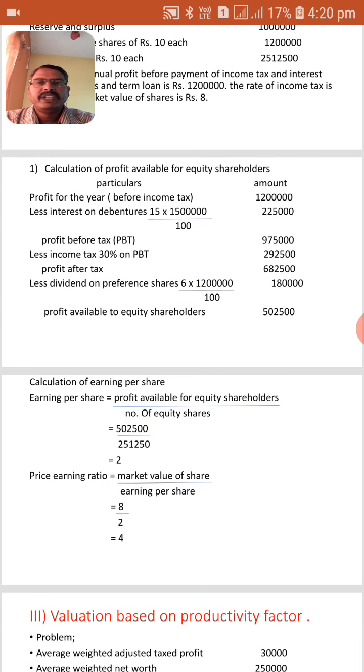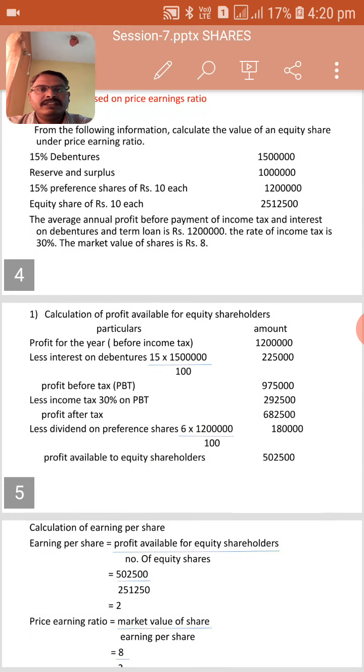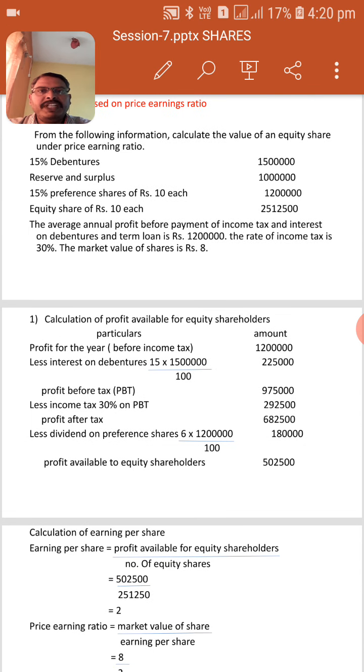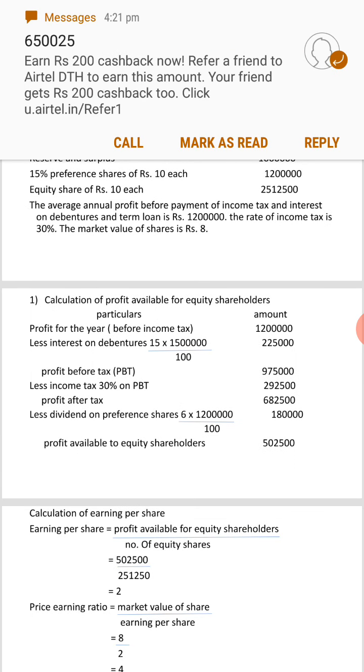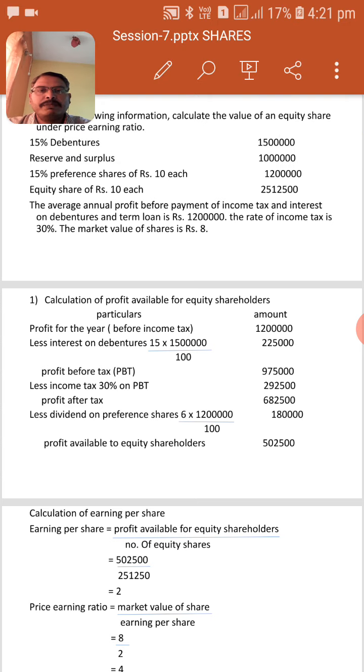In the first step, we have to calculate profit available to equity shareholders. Profit for the year, as mentioned in the problem, is 12 lakh rupees. We have to deduct the interest on 15% debentures: 15% into 15 lakh divided by 100, which comes to 2,25,000.